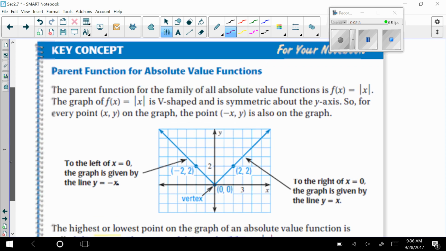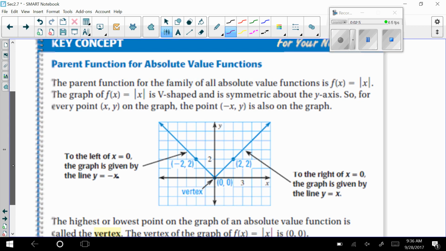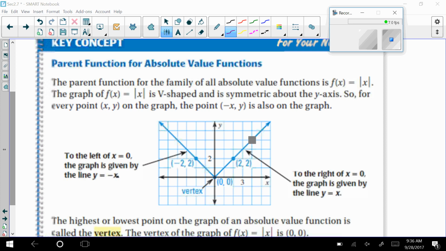A key concept that comes right from your textbook talks about parent functions. The parent function of all absolute value functions is our very general, generic, all-encompassing parent function. Then we'll add other things, like in the last slide we saw reflection functions, or we can look at translation functions also.